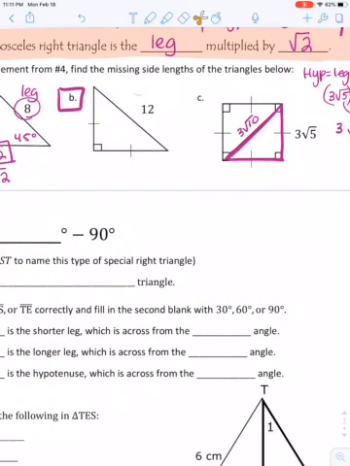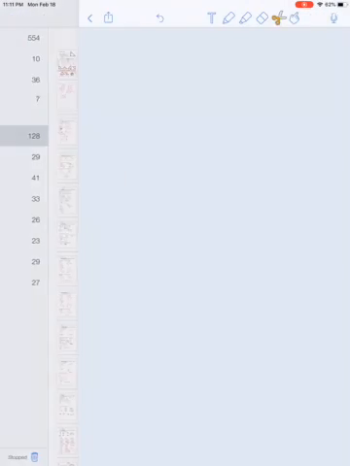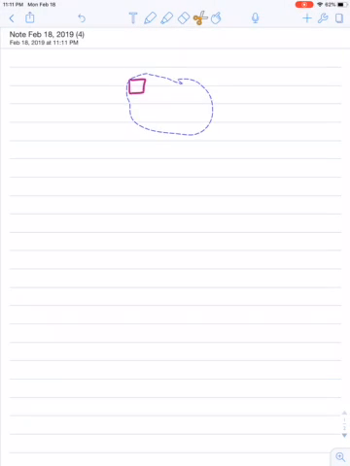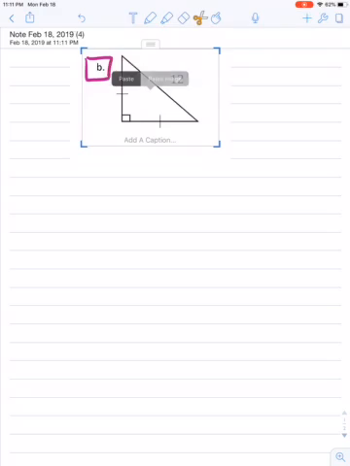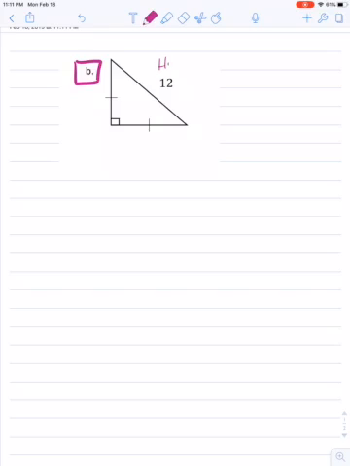Alright, so what I'm going to do now for B is get some more space so we can do that together. Okay, here we go. So in order to solve for this, you're actually given the hypotenuse, and I don't know what the leg is. So if my formula is hypotenuse equals leg times the square root of 2, let's plug in what we do know.